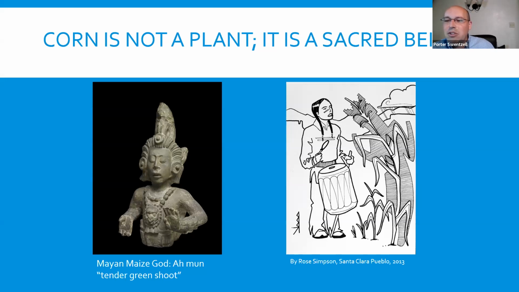So another way to think about it is that becoming a farmer is, in essence, converting to a new religion. And as you see corn spread across North America, you can see, in essence, the religion of corn following it wherever it goes.